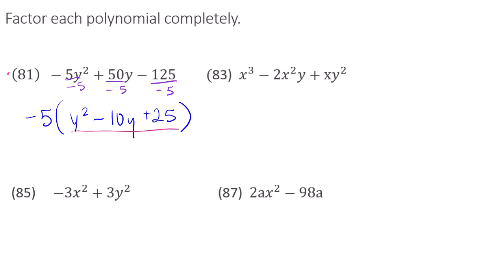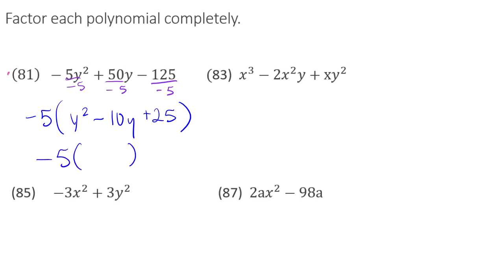Now we want to look at this inner term here and see, is that something that we can factor out more? And the answer is yes, we can, right? It's a perfect square trinomial, right? This is a perfect square. This is a perfect square. If we take the square root of them, we get y and 5, and 5 times y doubled is 10y. So that works.